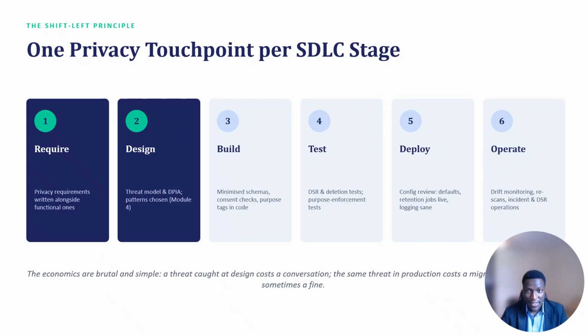At test, automated tests for data subject request and deletion. At deploy, configuration review, for example, are the defaults right? Are retention jobs actually scheduled? At operate or monitor, this is where we have drift monitoring and the operational side of rights requests.